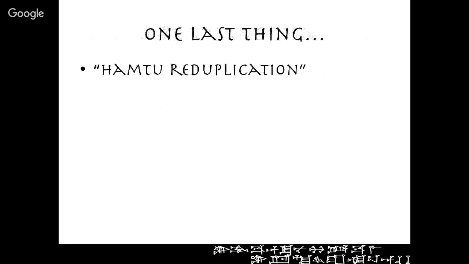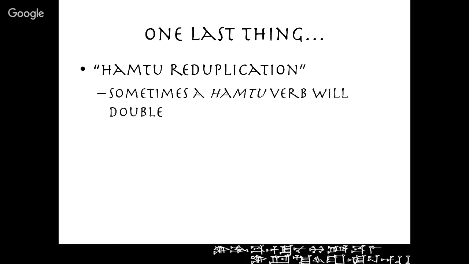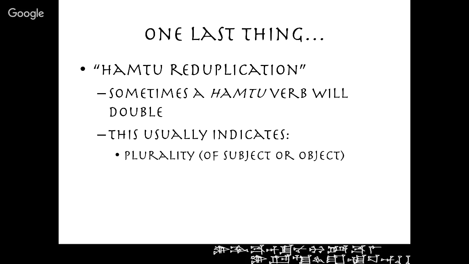All right, one last thing before we go through the exercises, and that is Hamtu reduplication. We talked about this very briefly, and you can duplicate the Hamtu verbal base. Sometimes when the Hamtu verb doubles, it will indicate the plurality of a subject or an object.